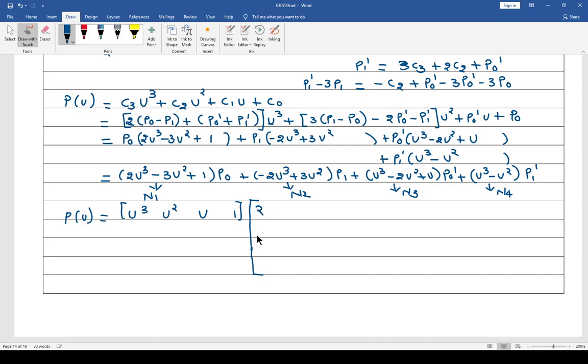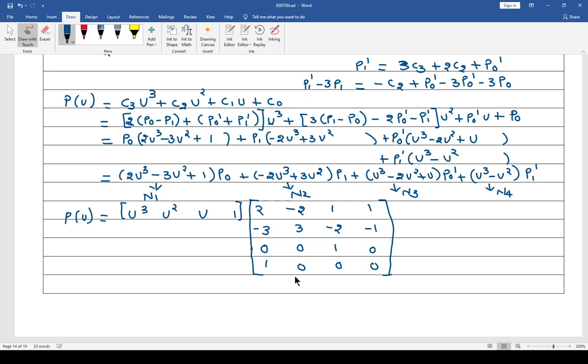So 2 minus 3 0 1 from the first. Then from the second I got minus 2 3 0 and 0, and from the third I got 1 minus 2 1 0. I need to take the transpose because it is multiplied by u. So I have 1 minus 1 0 and finally 0.